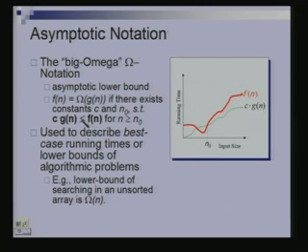Earlier this was more than f of n. Less than f of n in the limit, so beyond a certain n naught, as this picture illustrates. So f of n is more than c times g of n beyond this point n naught, and in that case we will say that f of n is omega of g of n.